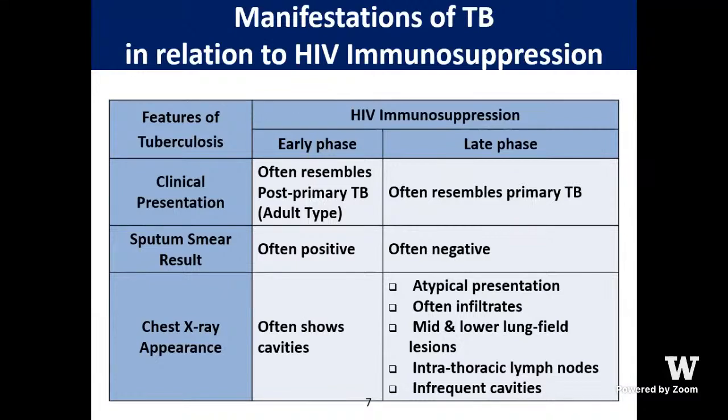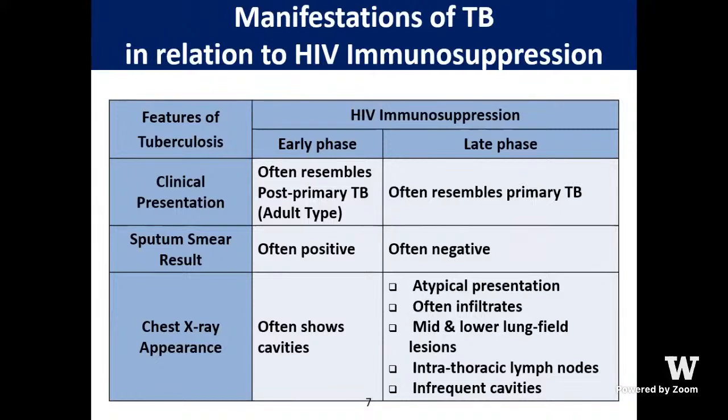The chest X-ray is a very common tool helping in early diagnosis of tuberculosis. It often shows cavities in the early phase, whereas nowadays we see fewer late phase cases because of active surveillance and early diagnosis of both TB and HIV. We are now able to catch them early. Late phase is usually rare, with infiltrates in the mid and lower lung field, as even in diabetes you see lower lung field TB lesions.